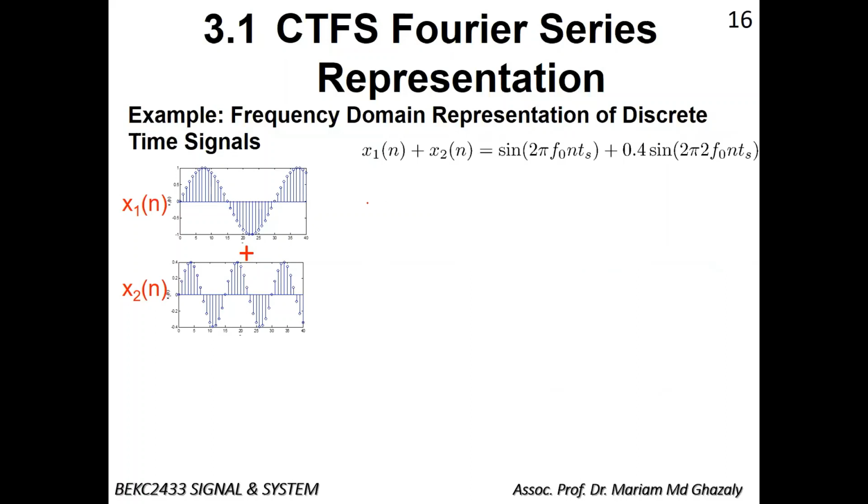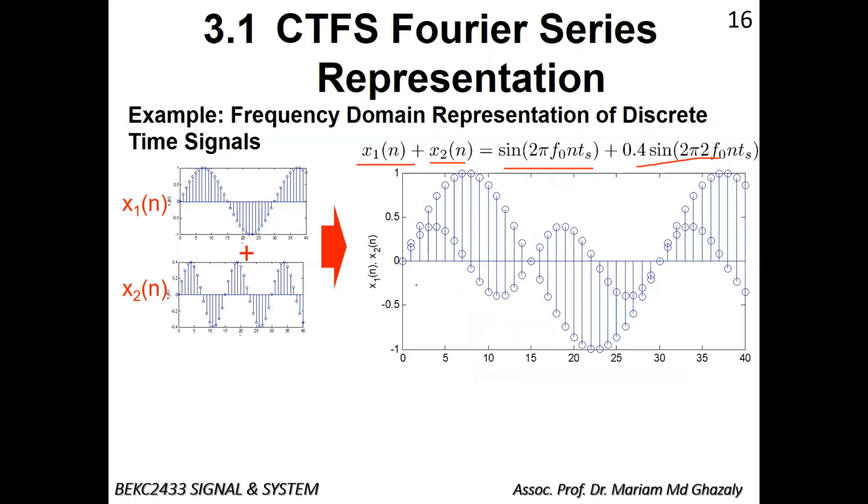Therefore, if we are using the linearity property, assuming that we have x1 plus x2, we can write it out again as this equation. So when we combine these two signals, imagine that you have two waveforms, like ocean waves.